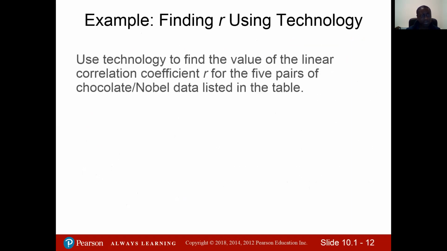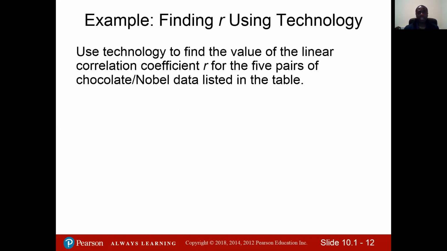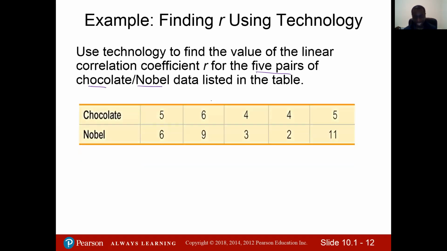Using technology, like we said, we can find the correlation coefficient. So here is a data set, or a sample, that correlates chocolate consumption and Nobel Prizes won, and we consider just 5 pairs. I've told you, you can have a correlation between any two things, like my height and my weight.